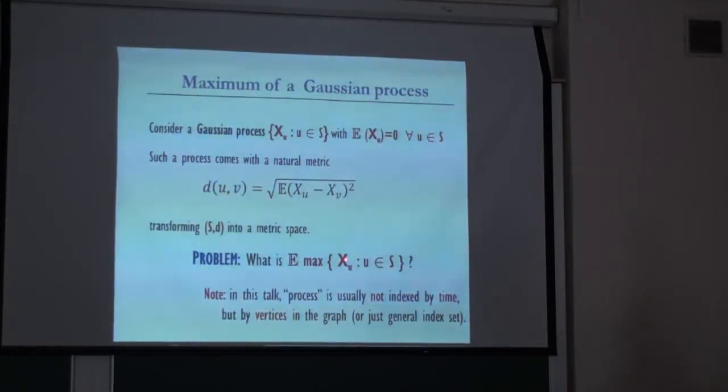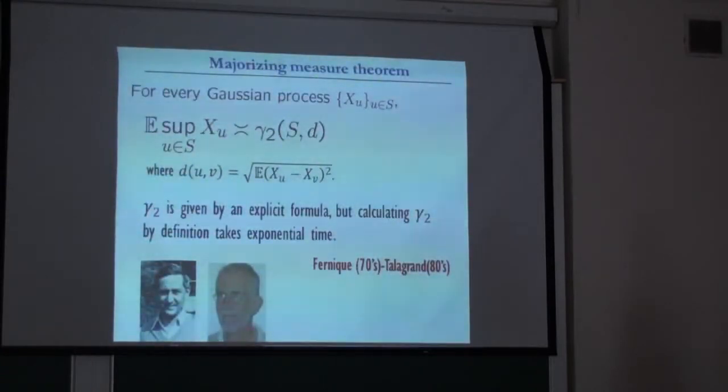Okay, so what is the maximum of the process over this finite set? So again, we say Gaussian process, but the time index set is not time for us, it's the vertices of a graph. Okay, and after a lot of work, what Fernique and Talagrand established is a formula, a deterministic formula, which is equivalent to the maximum of the Gaussian process.